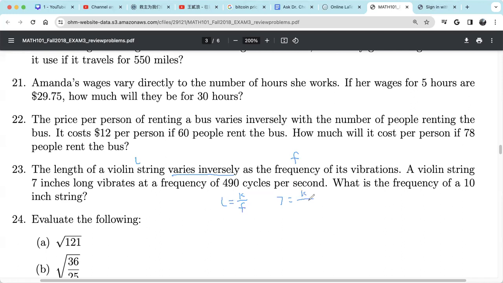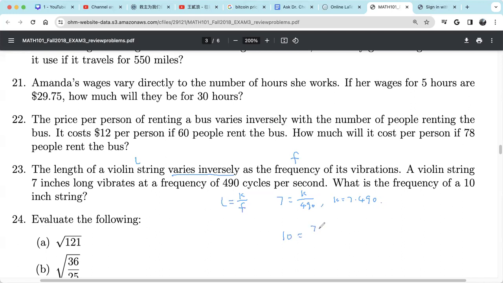So 7 equals K divided by 490, so K equals 7 multiplied by 490. Question: what is the frequency of a string 10 inches long?